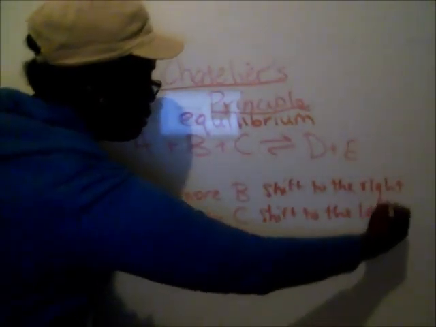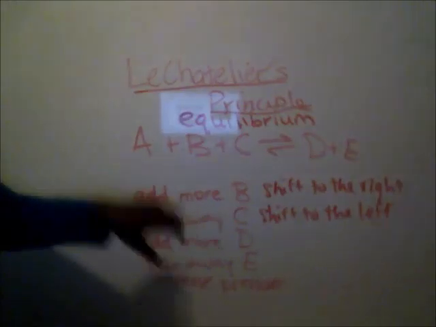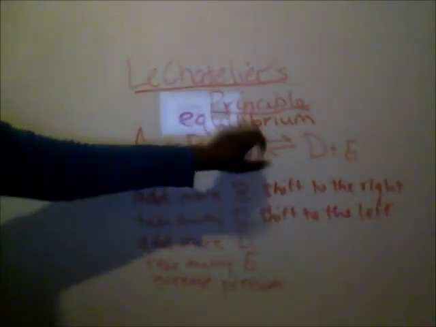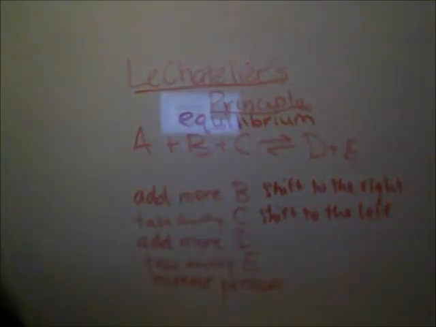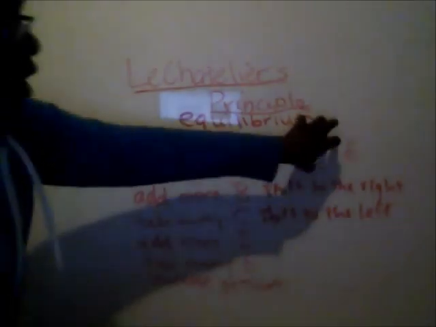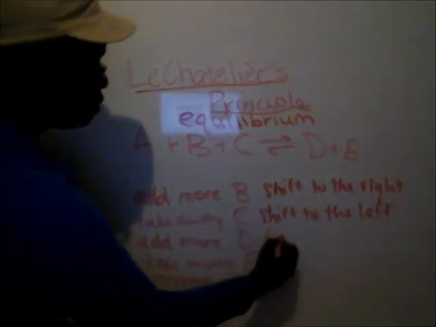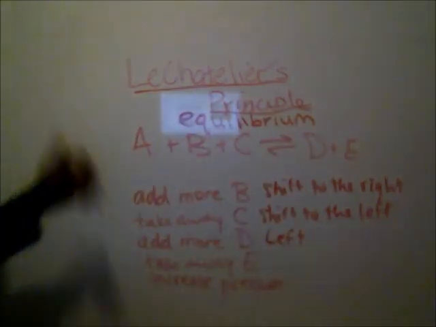One thing to keep in mind: if we add more of something, we're going to go the opposite way. If we decrease something, we're going to go towards the side that we took it away from to get the levels back up. So if we add more D on this side, we're going to shift to the left, because if we have too much on the right side, we want to shift to the left side to get rid of it.